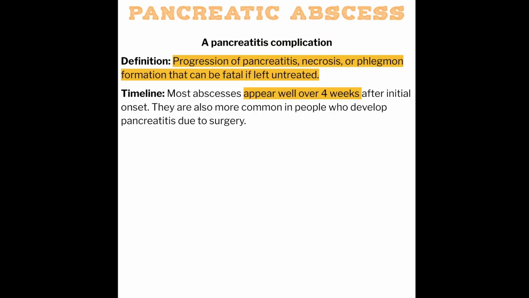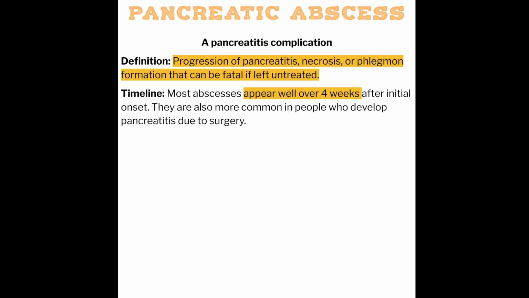Speaking of abscess then, pancreatic abscesses are again a progression of pancreatitis. If a patient had necrosis or a phlegmon formation, it can then move to an abscess where the body actually walls off the inflamed tissue or the infected tissue. Most abscesses are going to appear well over 4 weeks, so we've already had an opportunity for the fluid to collect.